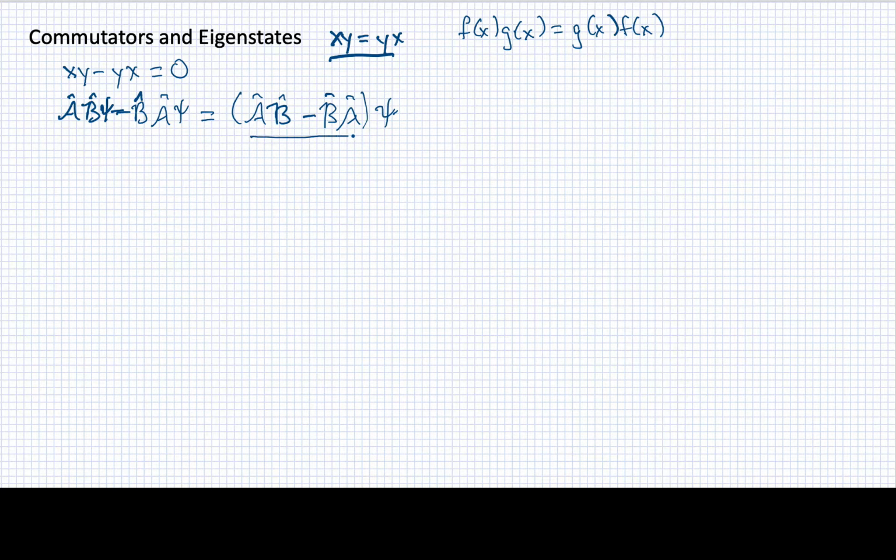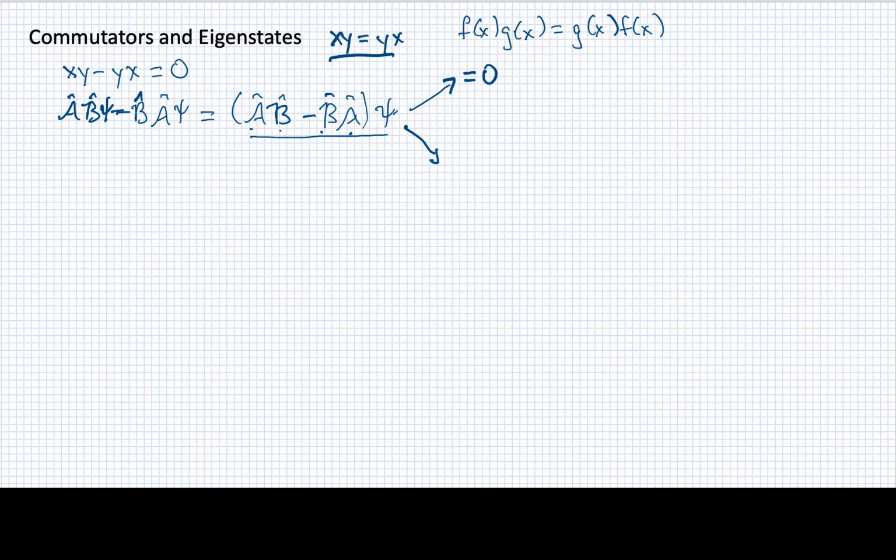So what I want to do is figure out what is the impact of taking this combination of operators, A operating then B, or B then A operating, and what does this give me as different results. I can anticipate that there will be two extreme possibilities. In one case, I'll get 0, just as I do for numbers.